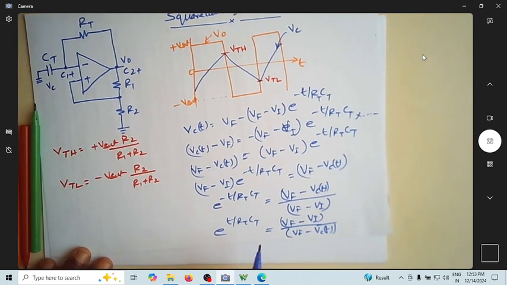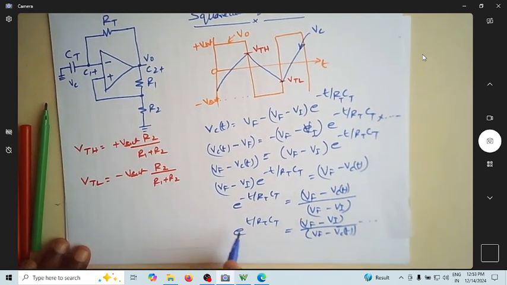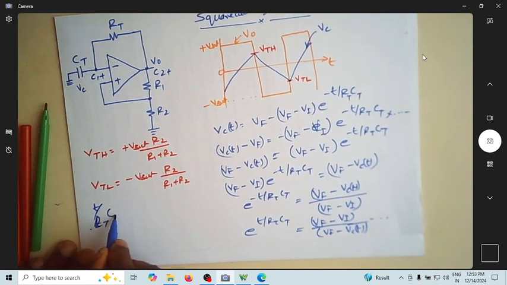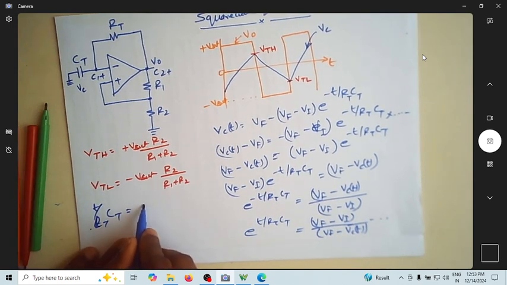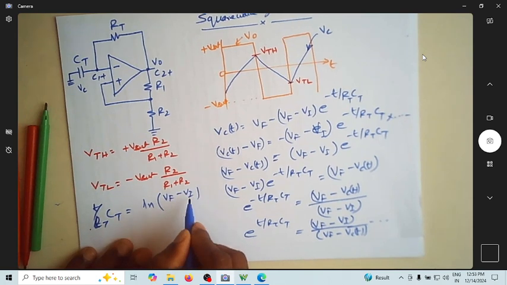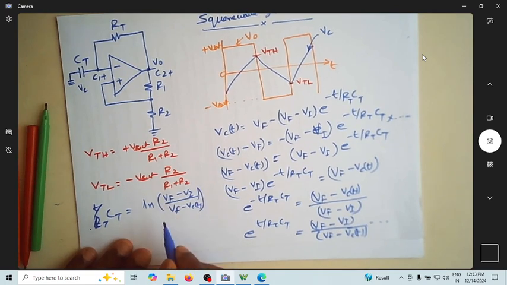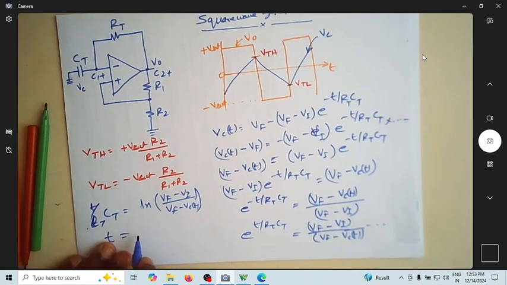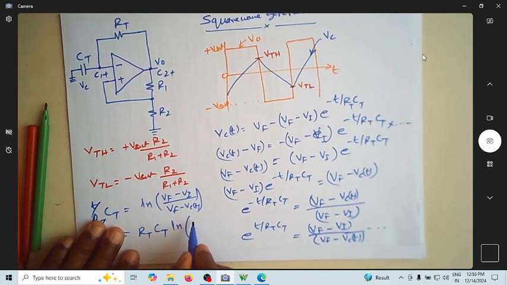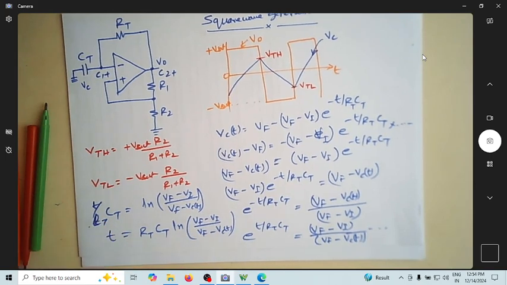Now I can take the natural log on either side, so t by rt ct is equal to ln of V final minus V initial by V final minus Vc of t. This is my expression. Finally, I can write t is equal to RT Ct into ln of V final minus V initial divided by V final minus Vc of t.